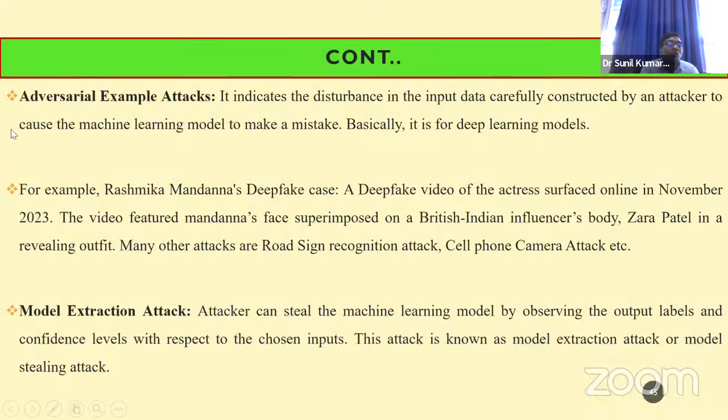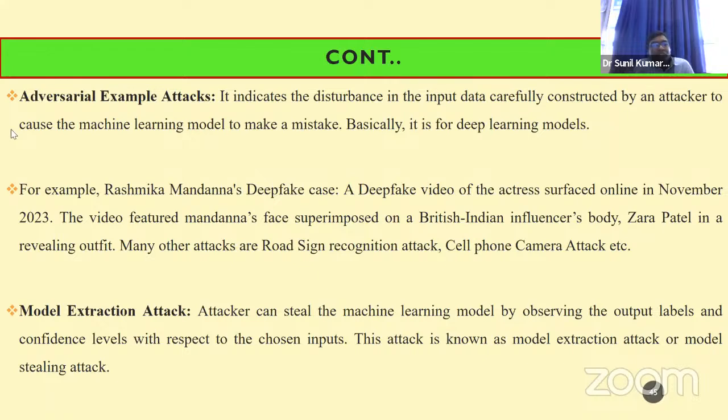Now, if we look at adversarial example attacks, I have mentioned already, GAN is one relevant example. It indicates a disturbance in the input data, carefully constructed by an attacker to cause the machine learning model to make a mistake. Basically, it is for deep learning models.